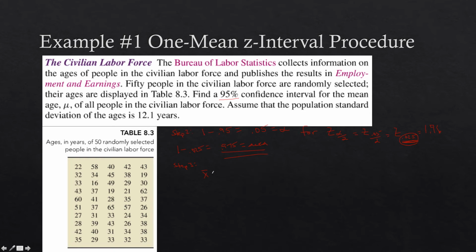X bar, we should know that from our last section, minus z sub alpha divided by 2 times the standard deviation over the square root of n, to x bar plus z sub alpha divided by 2 times the standard deviation over the square root of n. So we just found z sub alpha divided by 2. That's 1.96. So we can plug 1.96 in here.